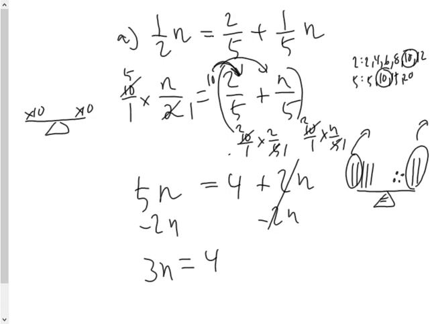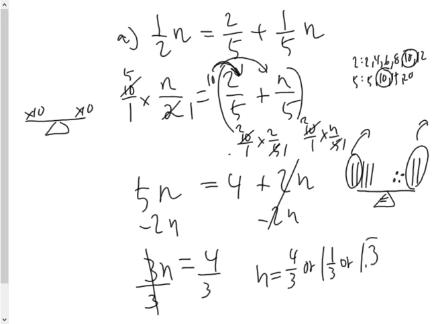And this idea of balance is struck when I subtract 2n from both sides. And now I have a simple equation where in one step I divide both sides by 3, and n will equal 4/3, or 1 1/3, or 1.3 repeating. And that's your solution for the first one.